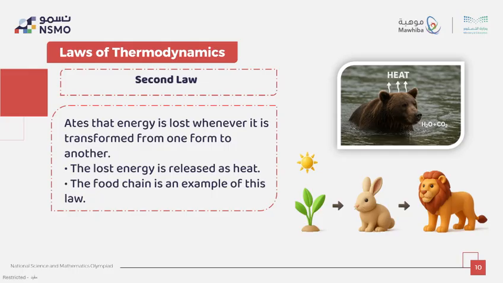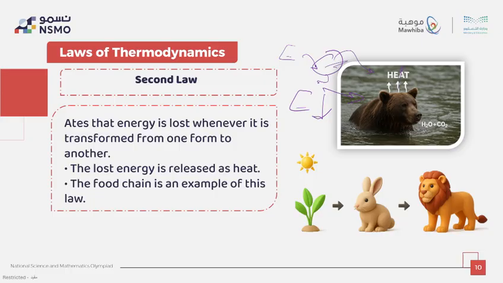Okay, let us explain the above picture. The bear image here shows heat radiating from his body. It's a direct example of energy loss. But as we said, when the energy is transformed from one shape to another, the amount of loss will be heat. So it's not vanished.